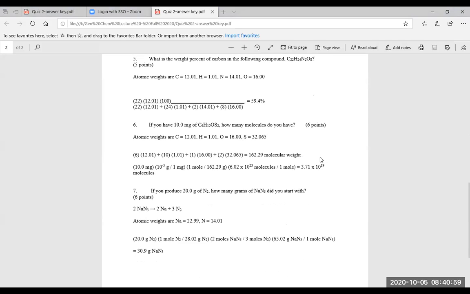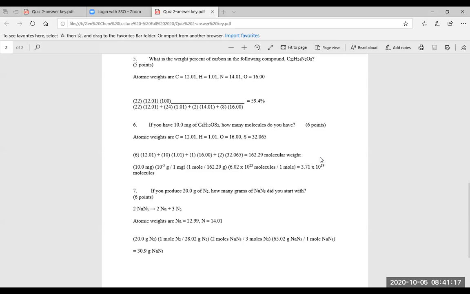In the numerator, since you wanted to know percent carbon, you wanted to find out how much of the weight was attributed to carbon. There were 22 carbon atoms in this molecule.